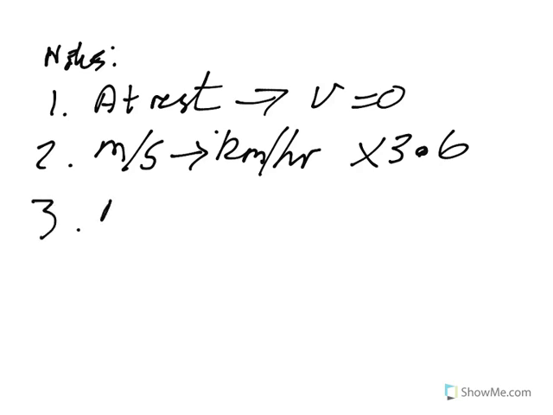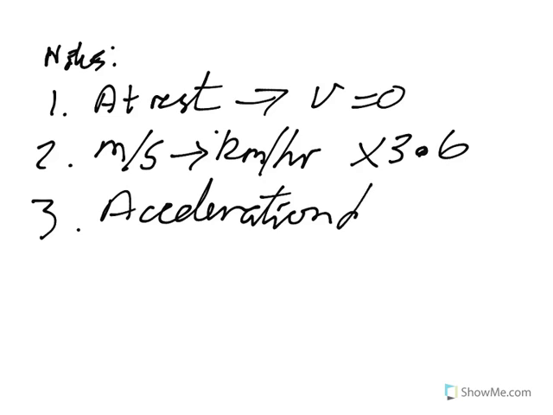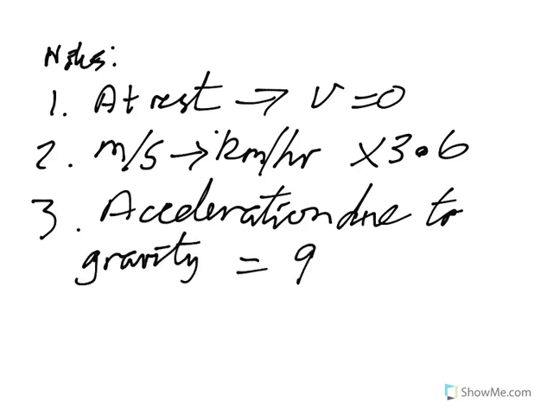The third thing is acceleration due to gravity is 9.8 metres per second squared. Alright, so it's a matter of us using these formulas.